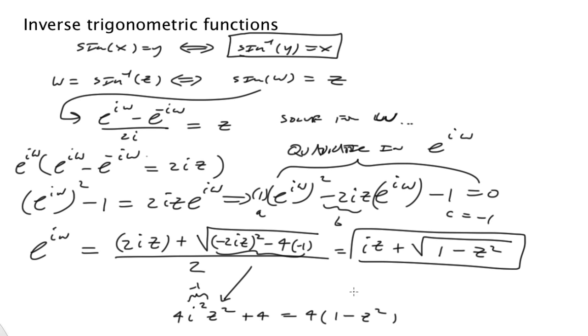All right. So the next thing we have to do is rewrite this on the next page. So that is e to the iw is equal to iz plus square root of 1 minus z squared. So that's what we had from the previous line.